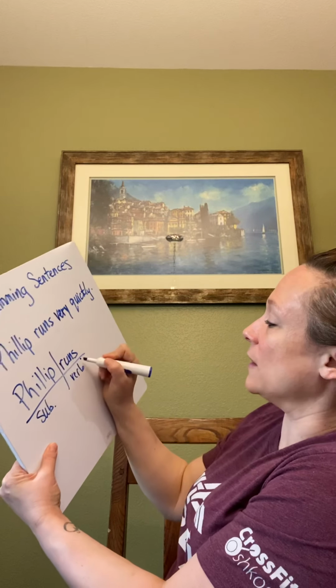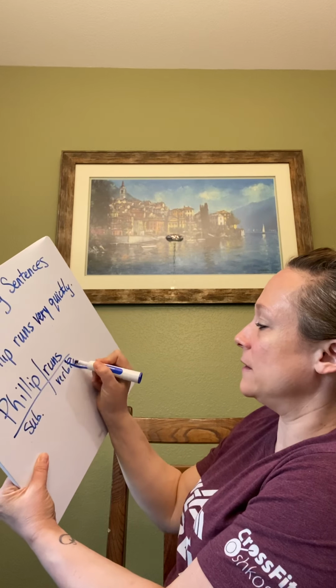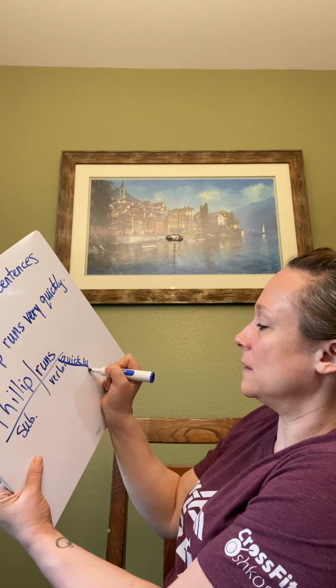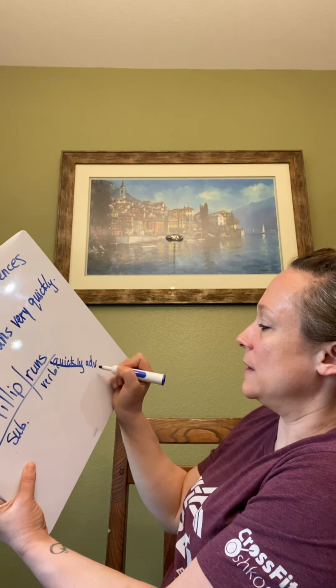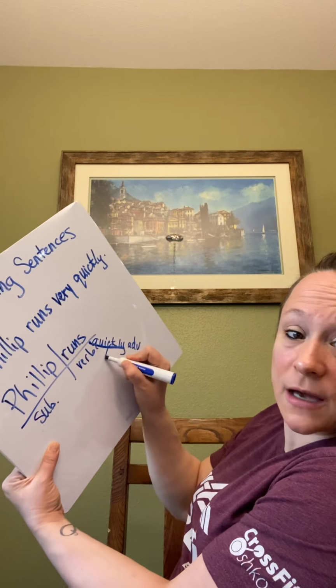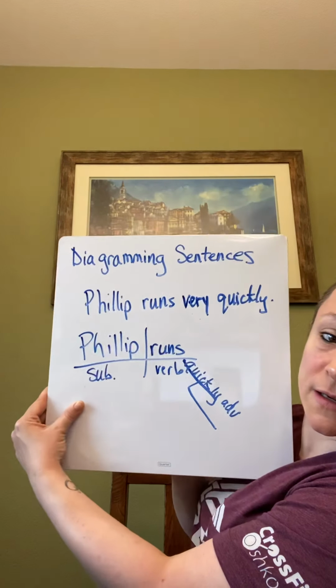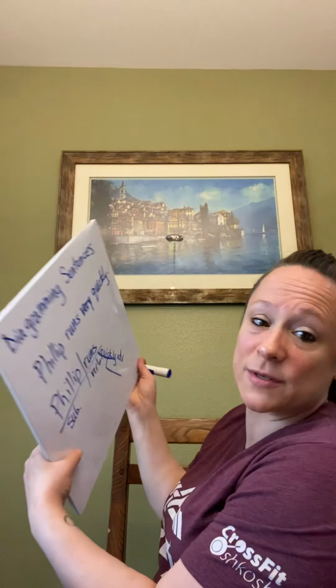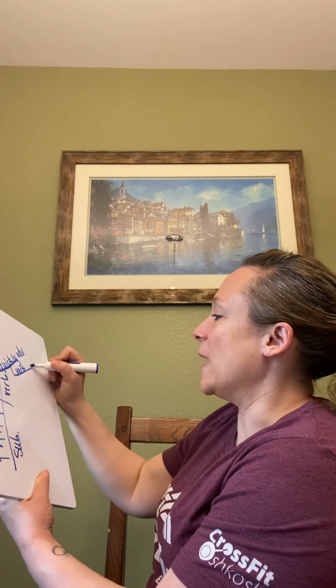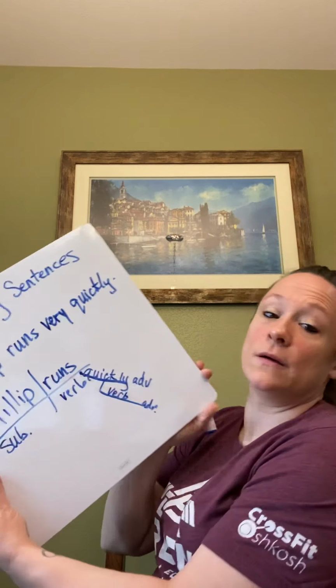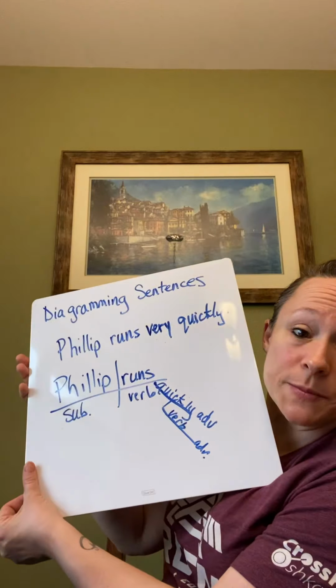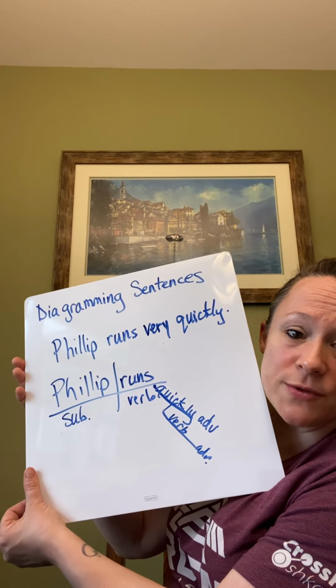So we're going to do our line on the side with quickly, which is our adverb. And then very goes underneath like that. And it's an adverb as well, but it's describing quickly. So adverbs can either describe verbs or other adverbs. Okay? So that's how you would do that.